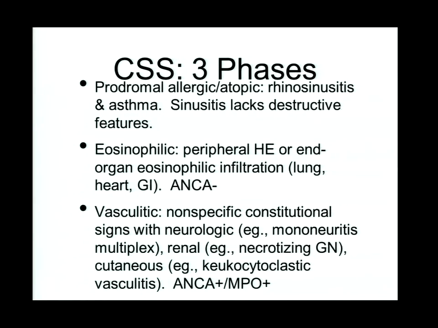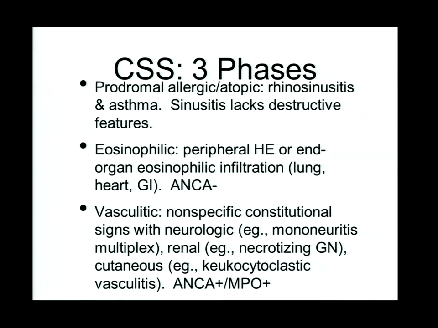And they can have three phases: the prodromal phase, which just presents like an allergic asthmatic patient. Then there's the eosinophilic phase where they'll have the peripheral hypereosinophilia, and they'll start to present with their end organ damage due to eosinophilic infiltration, usually the lung, the heart, and can include the GI tract.